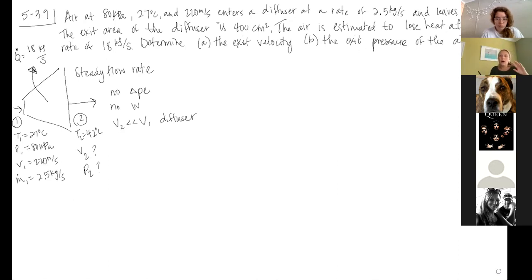Okay, so I'm gonna let you think for like 30 seconds about how you would start this problem. Where are you gonna find the exit velocity? We're gonna solve for that one first. Like, how are you gonna start this problem? Because that a lot of times is the hardest part for people. So take like 30 seconds, think about how you would start, and then I'll start it.